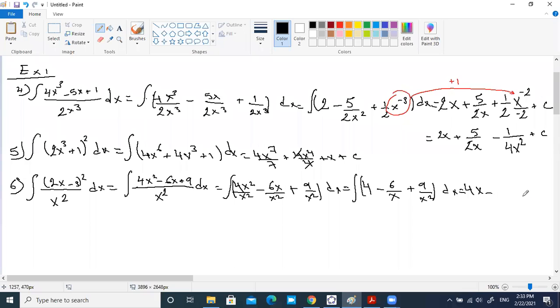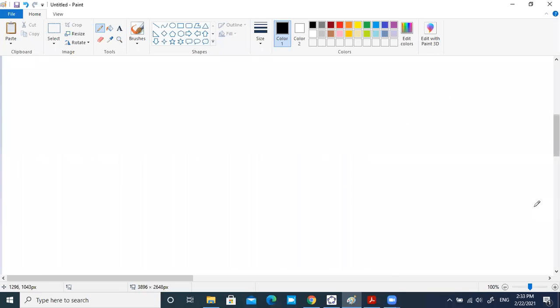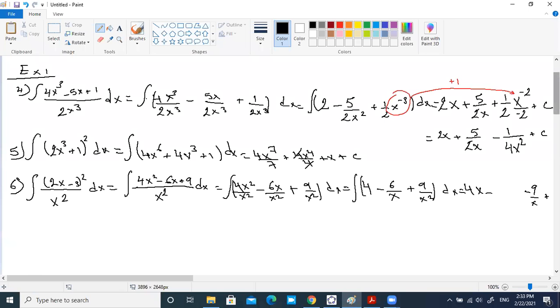The last one is minus 9 over x, minus 9 over x plus a constant c. But what about 6 over x? We have a rule: the integral of k over x dx, we said it's k ln of the absolute value of x plus constant c only.